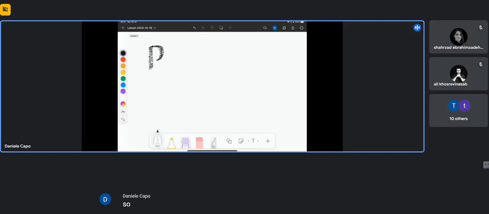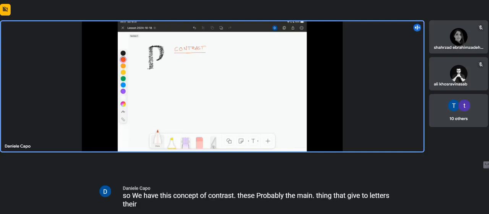So, we have this concept of contrast that is probably the main thing that gives letters their shape.